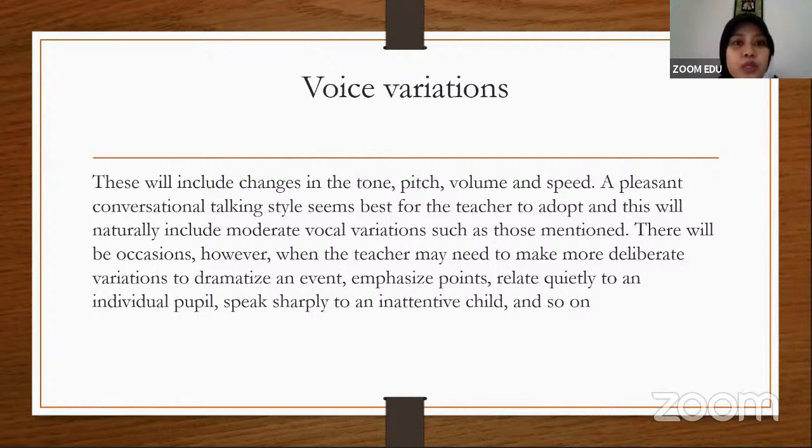So how should we implement voice variations? This will include changes in tone, pitch, volume, and speed.